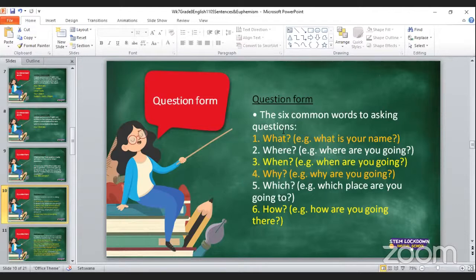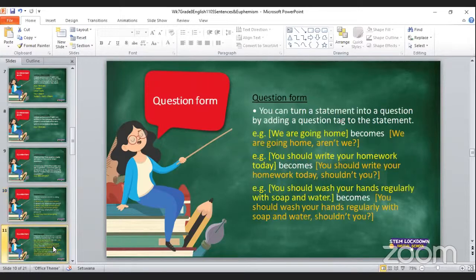Okay, so those are the 6 common words we use when we ask questions: what, where, when, why, which, and how. Since we did this in one previous lesson, I will not dwell on them today, because there is something new we should be doing today. Another thing, remember we also did this last time.